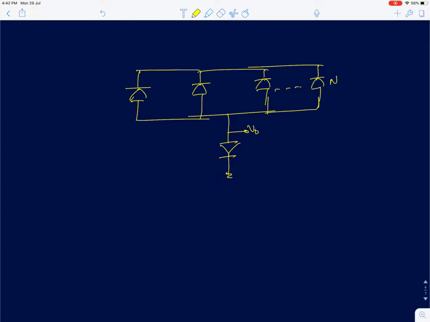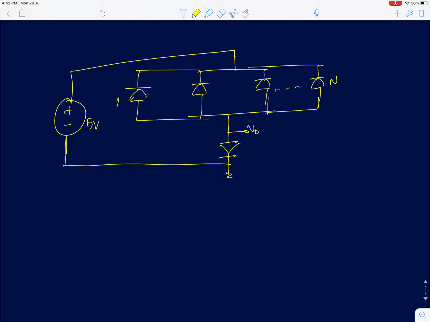Here you have totally 1 to n diodes and everything is connected to a 5 volt source. Since all the reverse biased diodes are in parallel, I can treat them as a single diode with an area n times a.